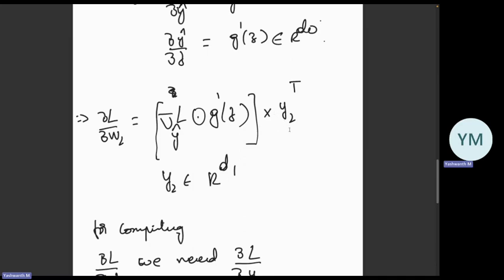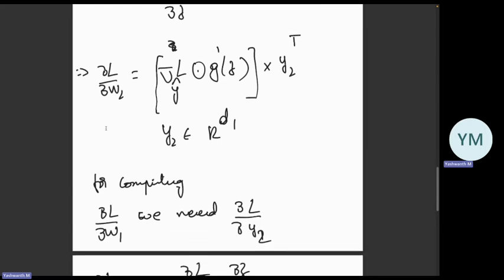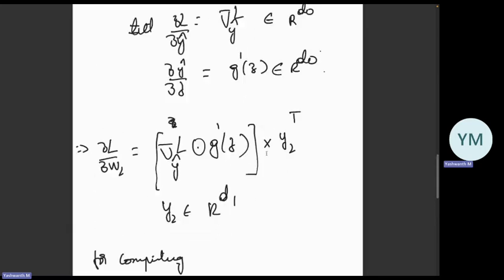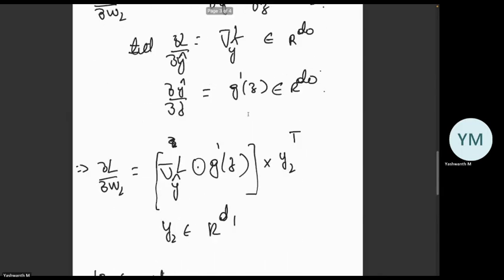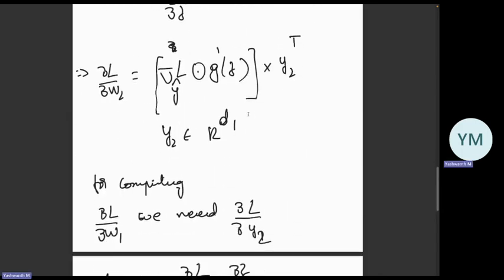Y2 is D1 cross 1, so this is D0 cross 1 and this is 1 cross D1. Finally, we end up getting W2 in the space of D0 cross D1, which is the same as the dimension of W2. So that's how we compute the gradient of loss with respect to the parameters W2.